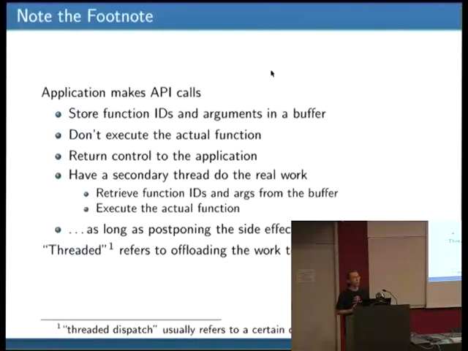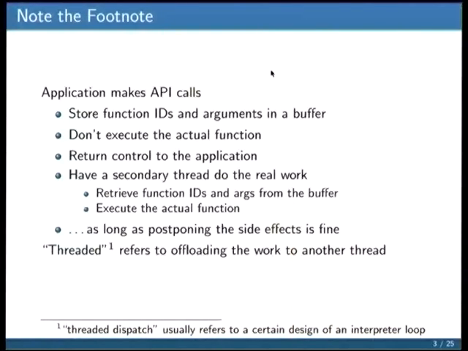So when an application makes OpenGL calls, imagine you get the function name, you store the function name and the pointers into a buffer, and then you can use that buffer to actually execute the function with those arguments, and that's how, for example, API trace works. And surely you can do the same as well in the same process.